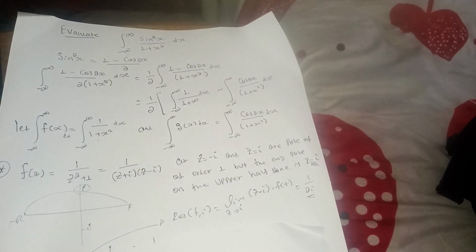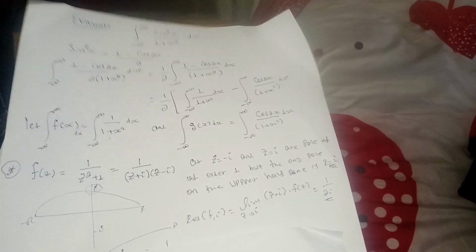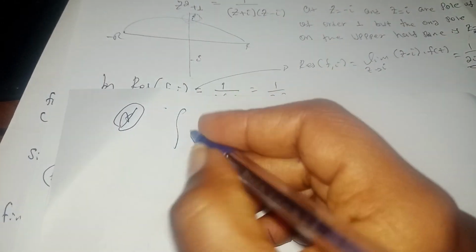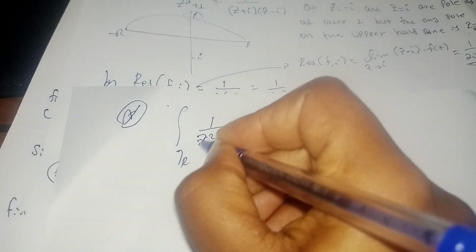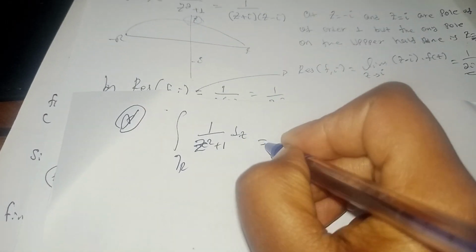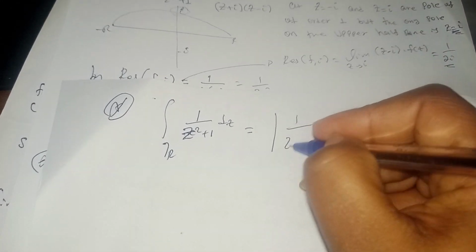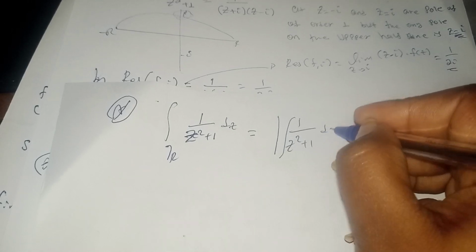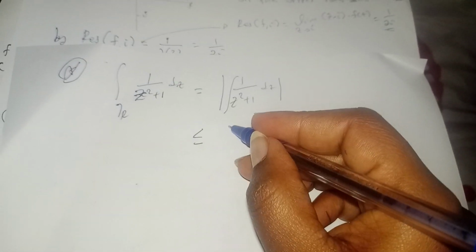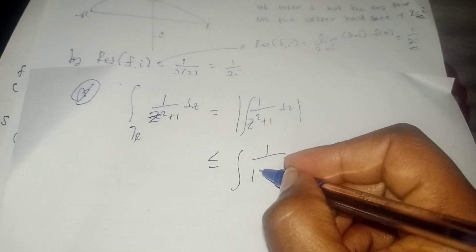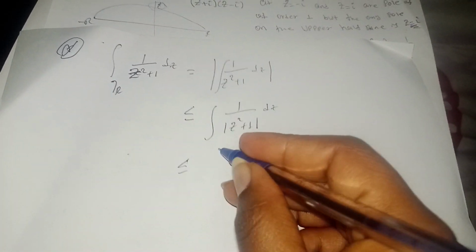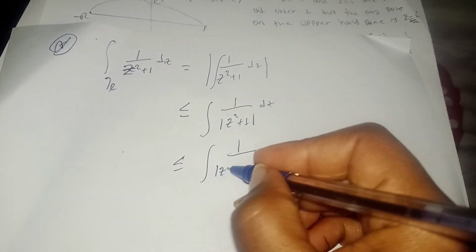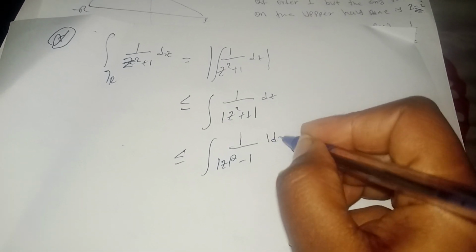That means for star, the integral over gamma r of 1 over z squared plus 1 dz can be bounded by the integral of 1 over the absolute value of z squared plus 1, which is less than or equal to the integral of 1 over z squared minus 1 dz.